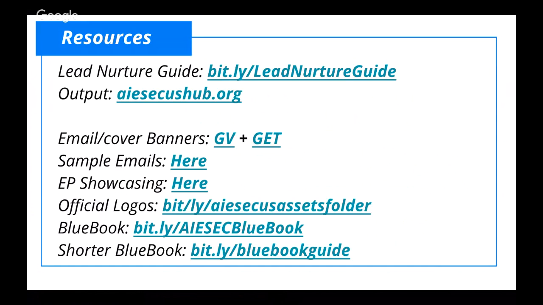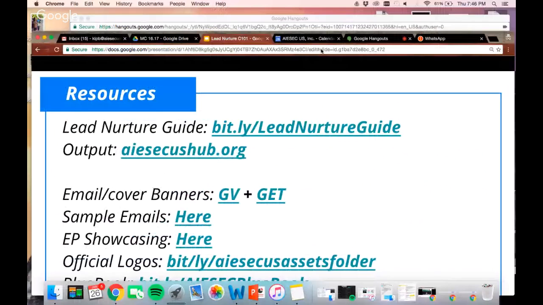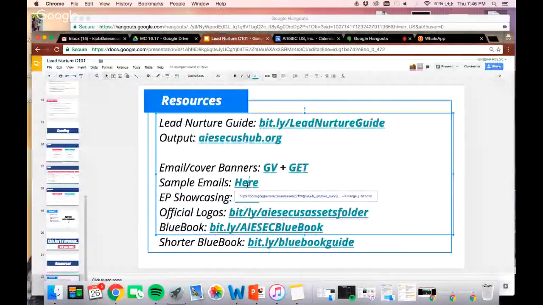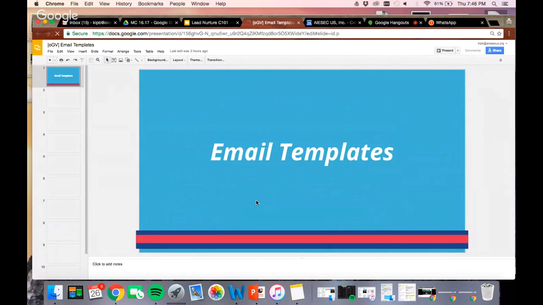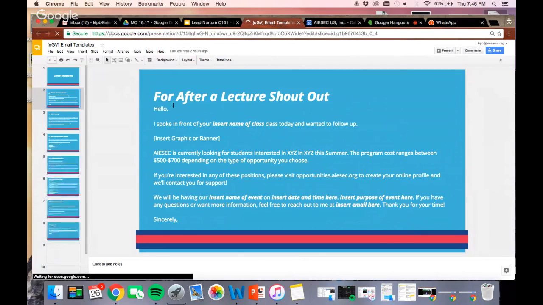So real quick, before we open up for questions, I want to show you what I'm referencing for the sample emails. I'm not going to go email by email. Wait for this to load. But as you can see here, here's an example of an email that you can send after you've given a lecture shout.